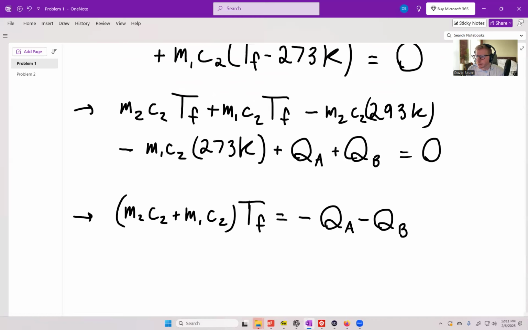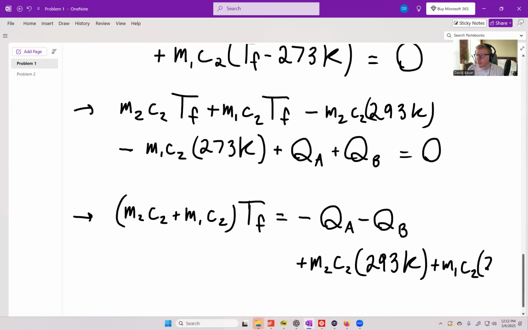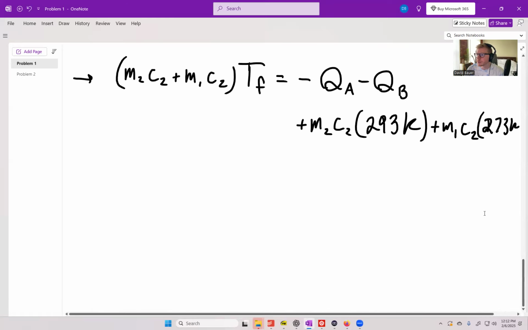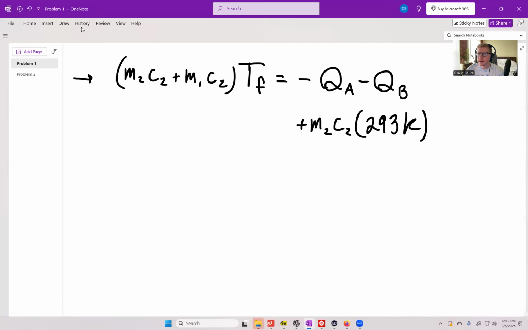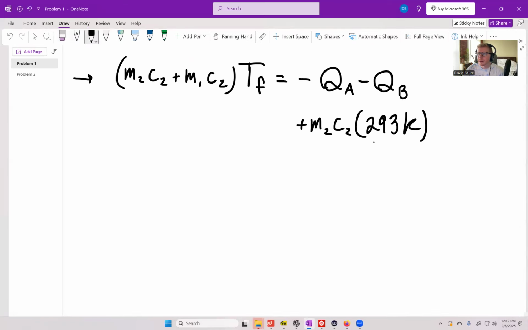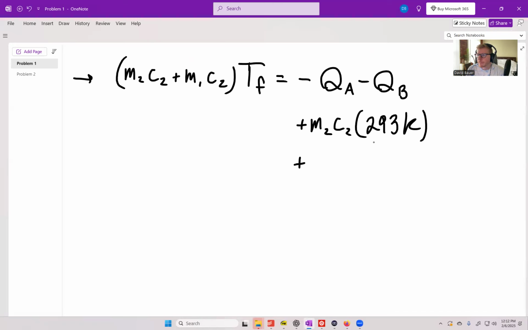So I'll get (M2 C2 plus M1 C2) times T final is equal to negative QA minus QB, and then plus this other stuff, right? So plus M2 C2 times 293 Kelvin plus M1 C2 times 273 Kelvin. If I can squeeze that in there. Okay.